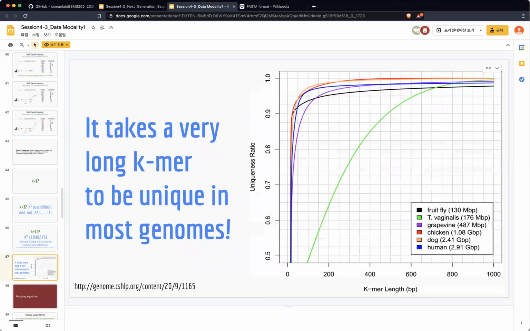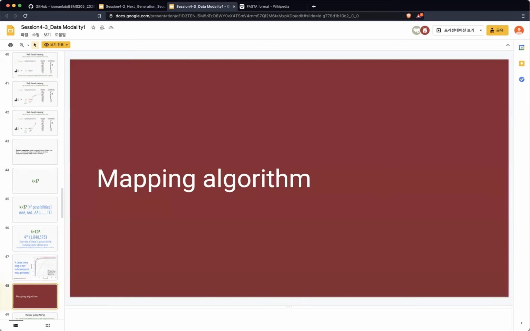So it's always balancing between the speed and accuracy, error rate, and your computational framework. So people can use 3-mers, 4-mers, or 10-mers, but it depends on the algorithm and it depends on the situation. Okay, so that's one message.